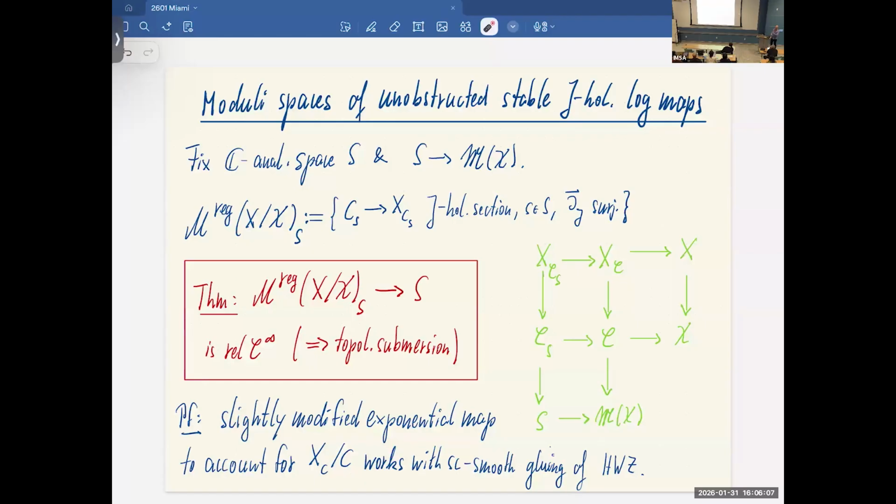The only reason I cannot work with log smooth X, if that is your concern, is that I probably could, but I would have to think very hard about what it means to have an almost complex structure on this thing. Because once I pull back to my curly M thing, there's no difference. This thing is just a smooth fibration over some family of nodal curves. There's no difference, but I don't want to think about it.